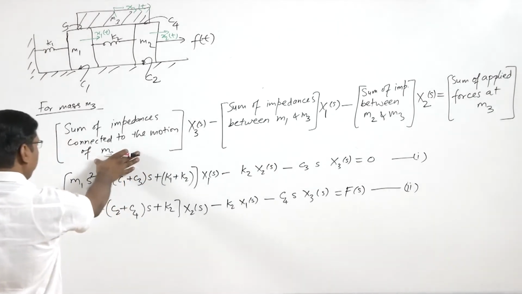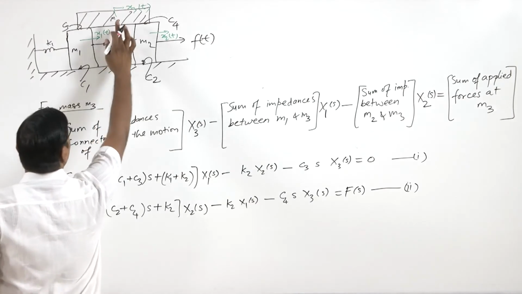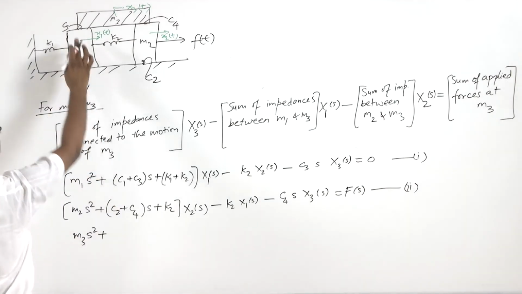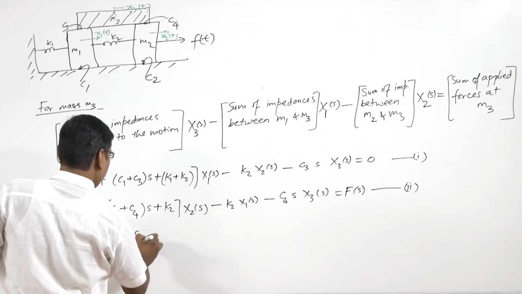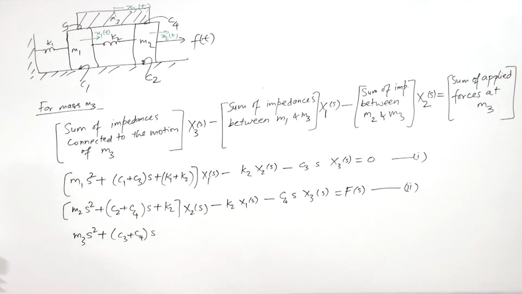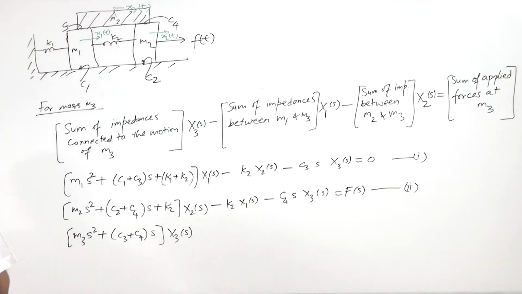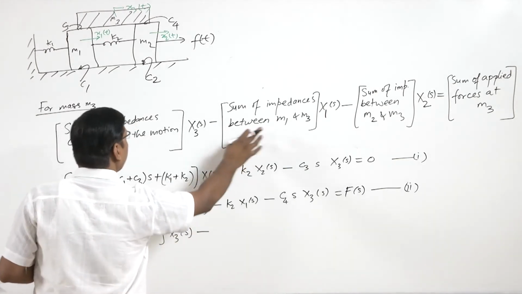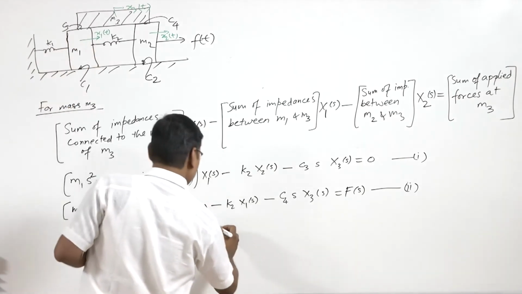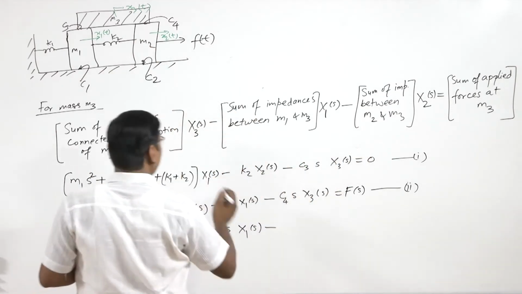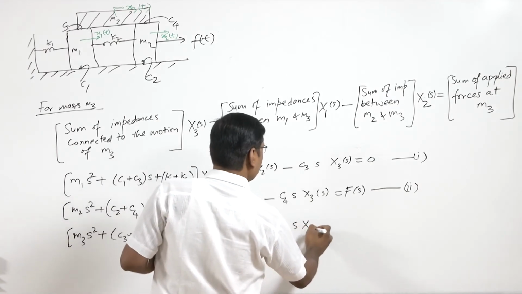The sum of impedances connected to the motion of M3 is M3 s square plus C3 plus C4 s, into X3(s), minus C3 s into X1(s), since between M1 and M3 is C3, minus C4 s into X2(s), since between M2 and M3 is C4.